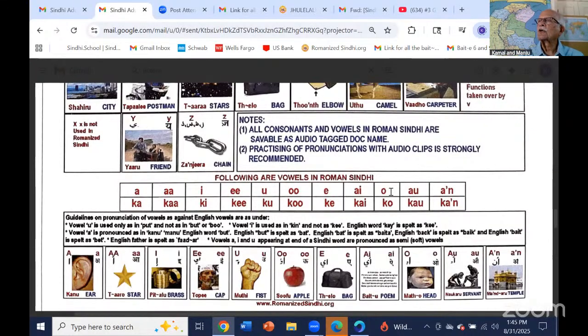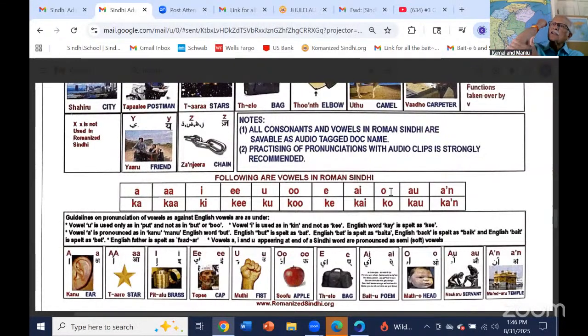What is gharu? O. House. O is masculine. Gharu. O and O are masculine. Kannu is masculine. Gharu. Kar. Kar is feminine. Akh is feminine. Jibha is feminine.